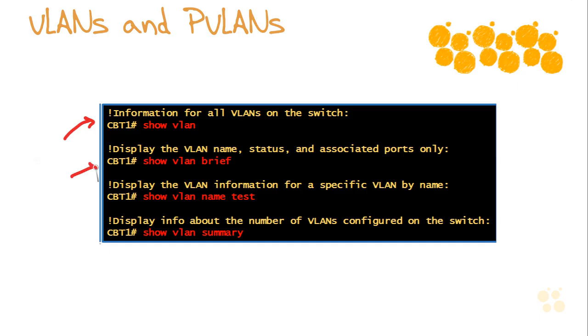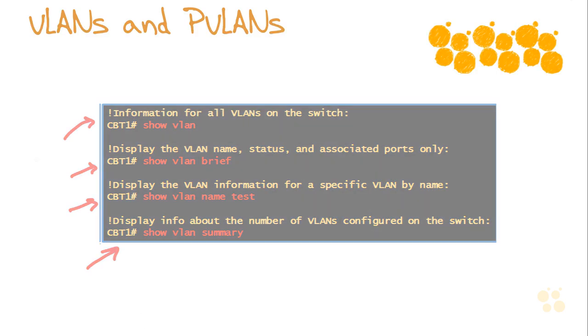So show VLAN brief is a hugely popular one. Show VLAN name and then the name, and show VLAN summary are all great ways to look at the VLAN infrastructure that's actually been created in a particular virtual device context.